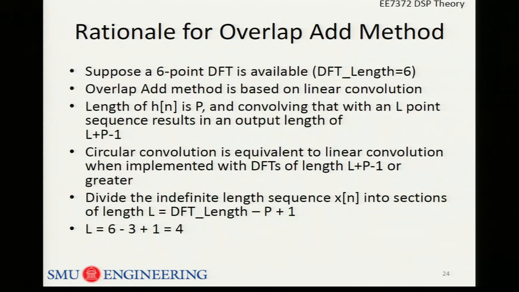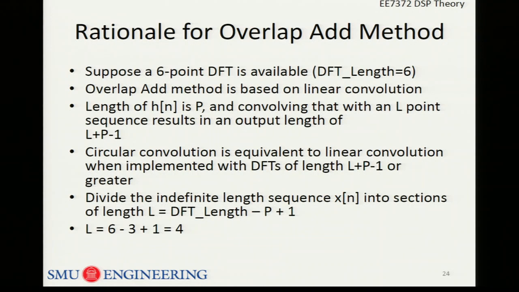Let's go through this step by step with some of the philosophies in mind. The first bullet says, suppose a 6-point DFT is available. That's basically saying, you're a design engineer, you have certain resources, certain things either given to you or forced upon you.